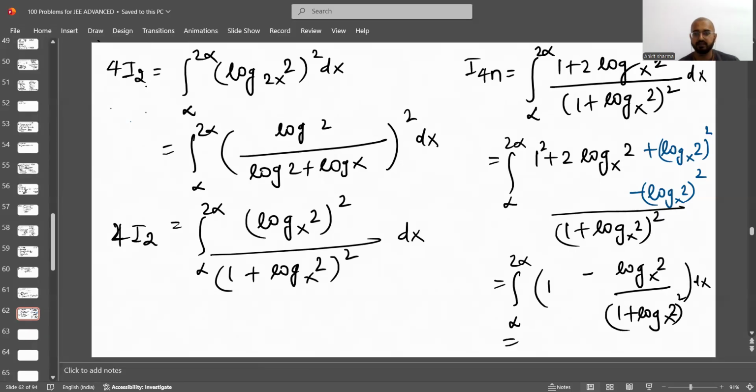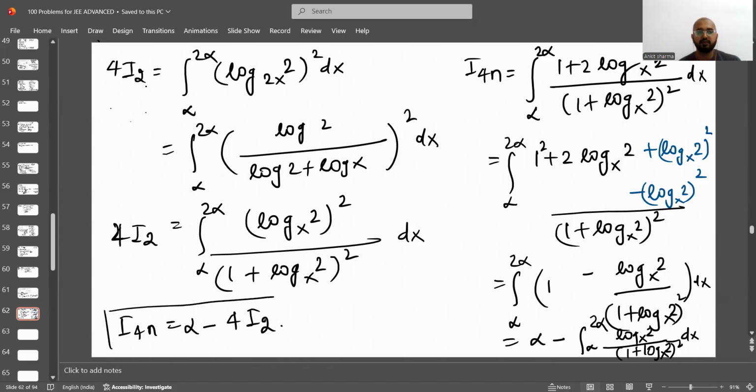Now if I integrate this, I get here alpha minus alpha to 2 alpha log 2 base x over 1 plus log 2 base x square dx, which means I have now written I4n is equal to alpha minus, this is nothing but 4I2.